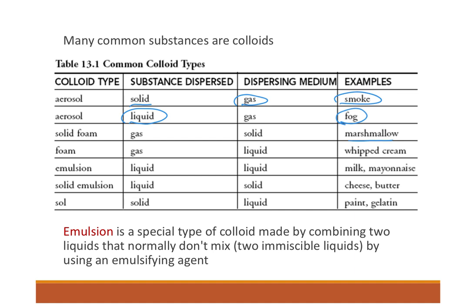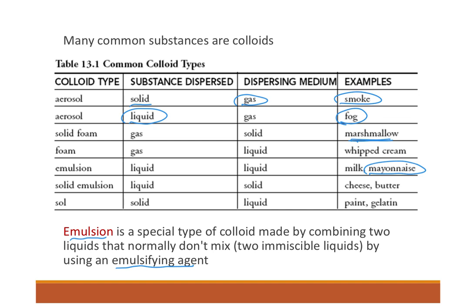Marshmallows and whipped cream and many of the foods that we eat are also colloids, and certain special colloids are emulsions, where you have two liquids that typically would not mix together, such as water and oil, that can be held together by an emulsifying agent. So mayonnaise, if you put it on your tuna fish sandwich, is made from combining vinegar, which is high in water, and vegetable oil.